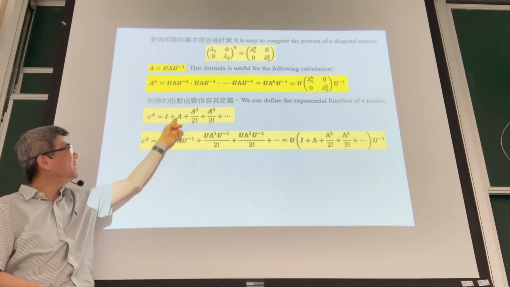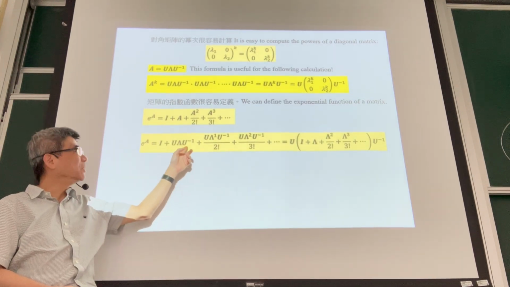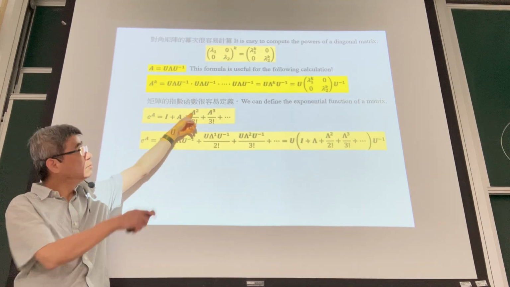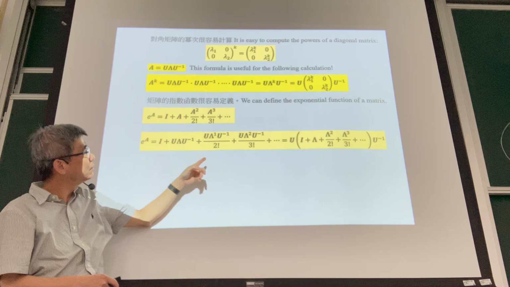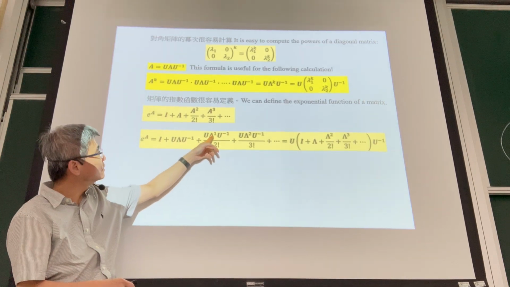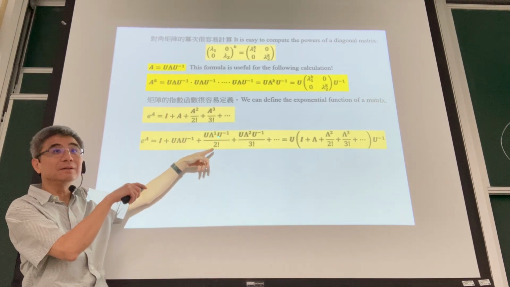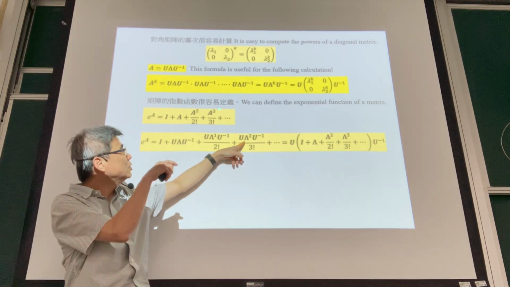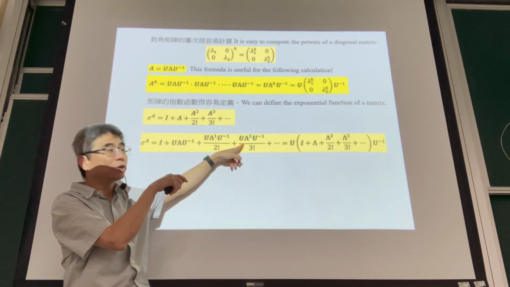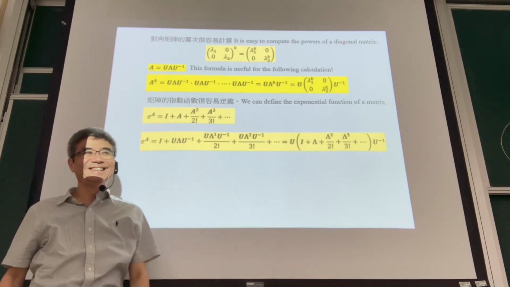Because here, A is U lambda U minus 1. A squared, answer is here. So U lambda to the second, I wrote it wrong, it's second, U minus 1. The third time, A cubed, U lambda to the cube, U minus 1.